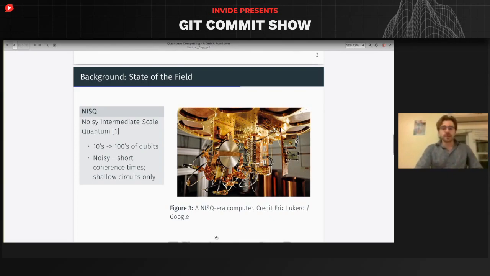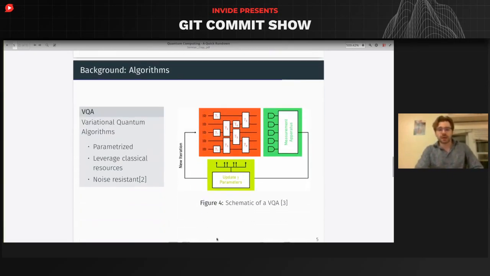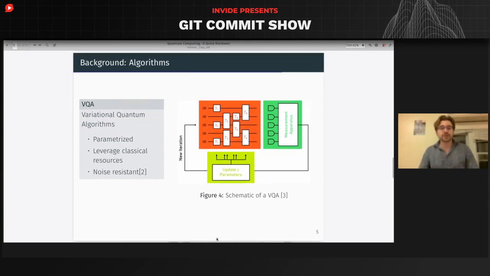Now, the kind of algorithms that work well in the NISQ era are called VQAs, variational quantum algorithms. They're a hybrid class of algorithms in which some parameterized quantum operations are optimized by a classical optimizer. So there's this three-way loop between the quantum device running a quantum circuit.